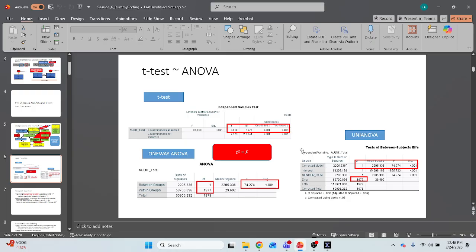Right. Okay. So that's why, and this is now our uni ANOVA. This is our GLM. If you look at that F here, same as that F here. We can do categorical. In the olden days, they would say that if you have predictors that are continuous and one outcome that is continuous, you can only run regression on that.